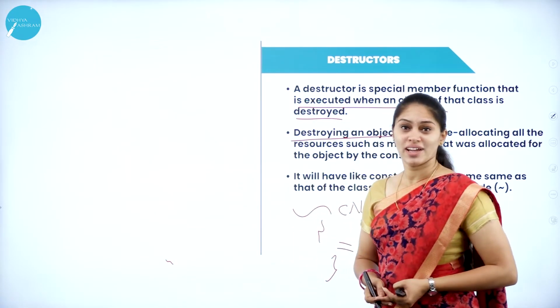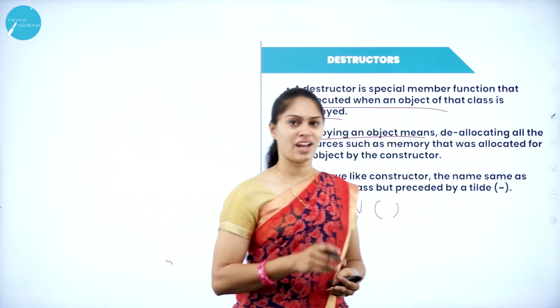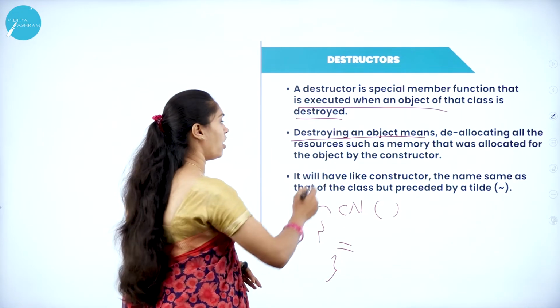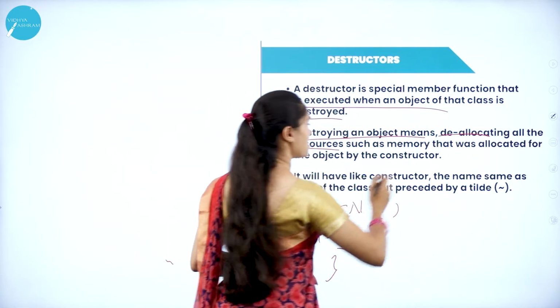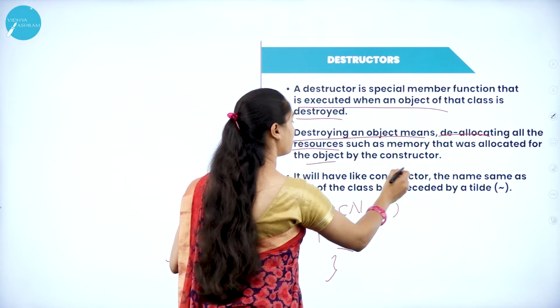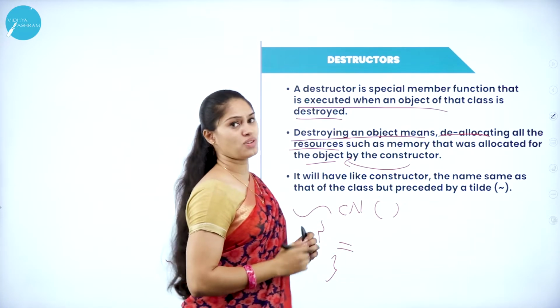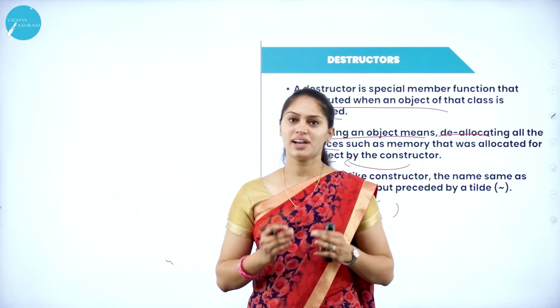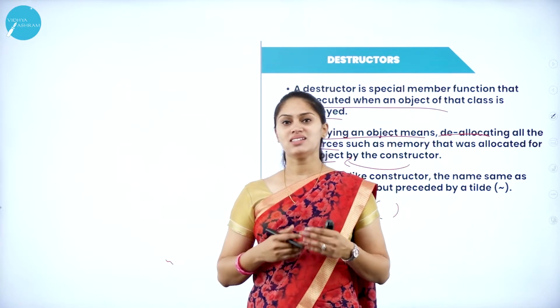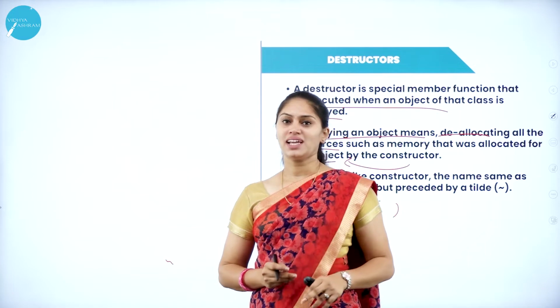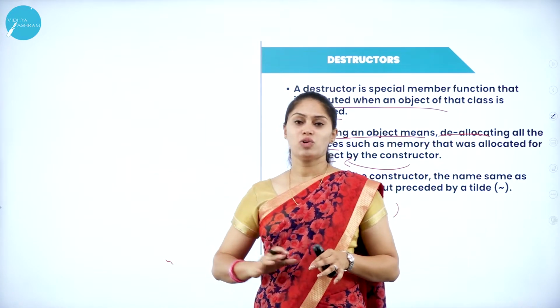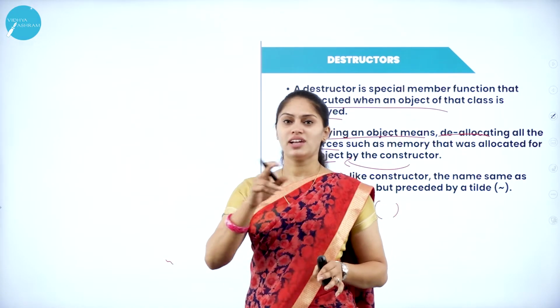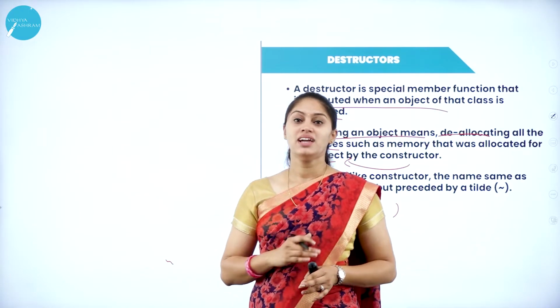No. Destroying means I am deallocating the memory space or resources which were allocated to an object by the constructor. Because with the help of the constructor, I assign some memory space or resource. When I call this destructor function, whatever memory content or resource was allocated to that object will be destroyed.